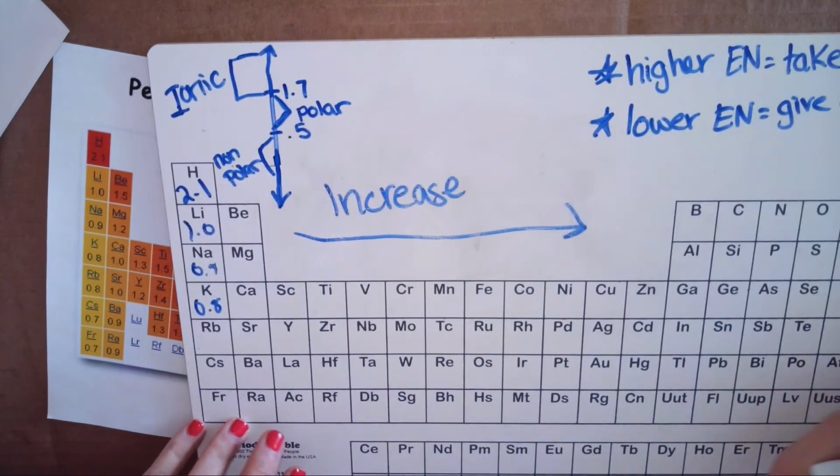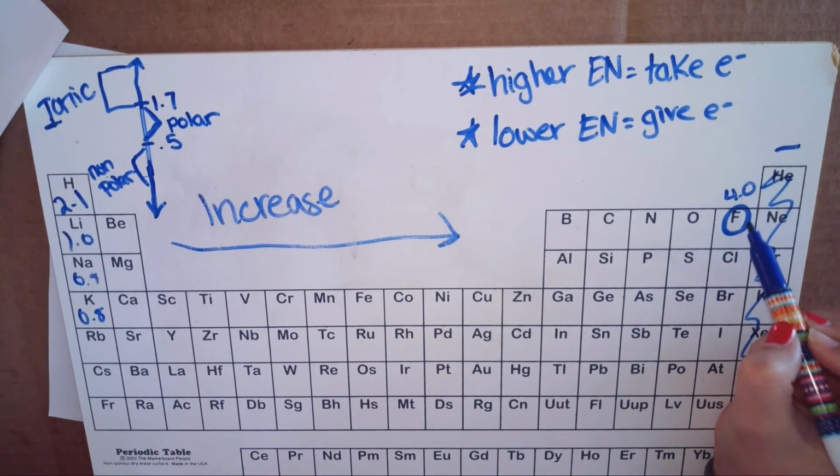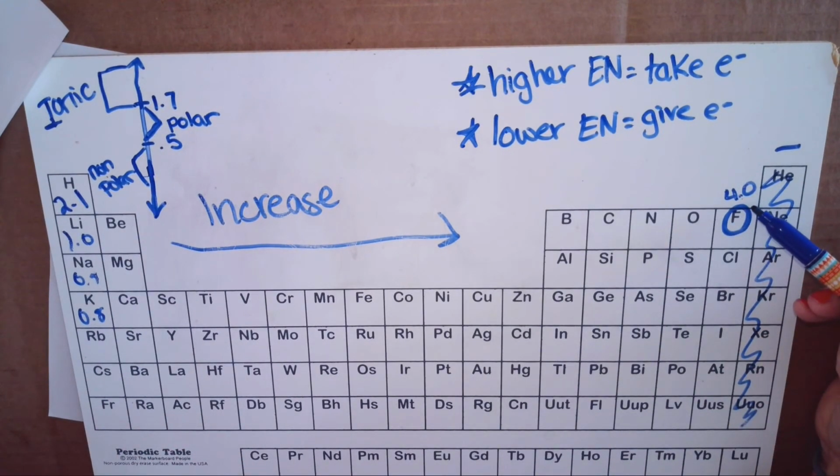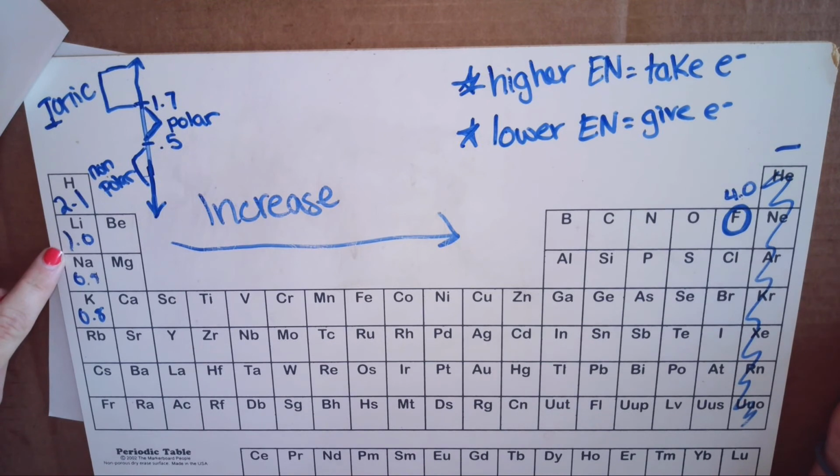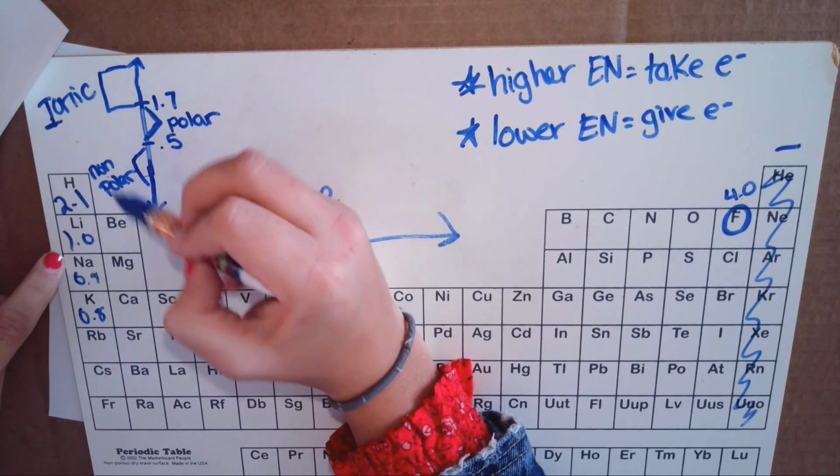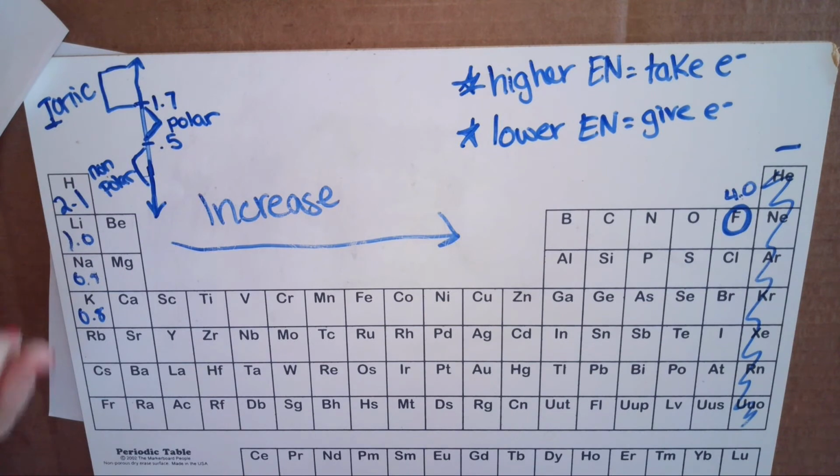which, let me move back to the screen. Fluorine has an electronegativity of 4.0. And I bonded fluorine with lithium. Okay? What electronegativity does lithium have? 1. What's 4 minus 1? 3. Where does 3 fall on this spectrum? Ionic.